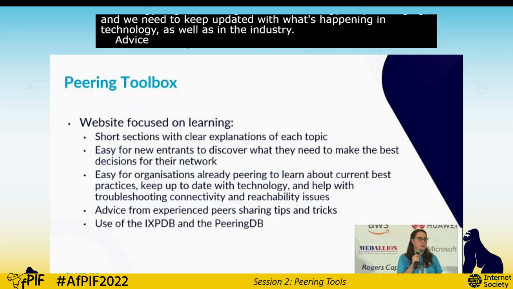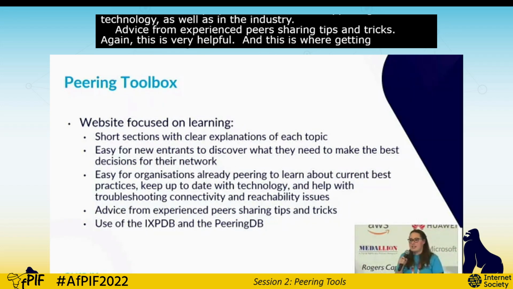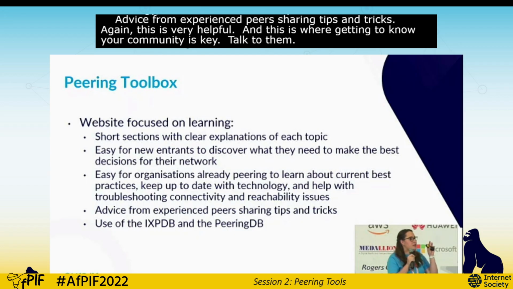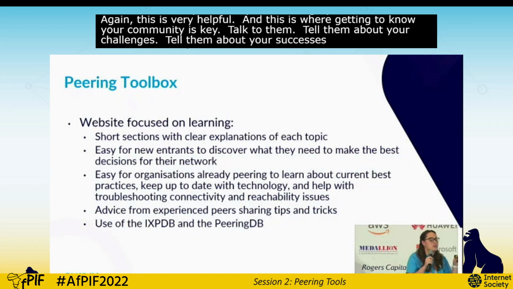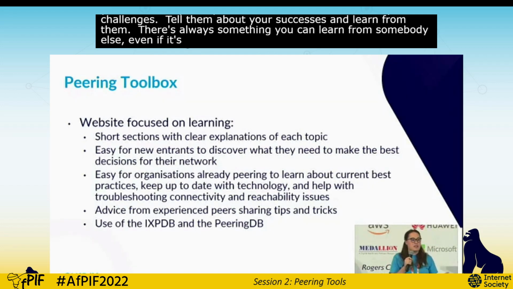Again, this is very helpful, and this is where getting to know your community is key. Talk to them, tell them about your challenges, tell them about your successes, and learn from them. There's always something you can learn from somebody else. Even if it's a mistake or accomplishment, there's always something you can pick up from somebody else.